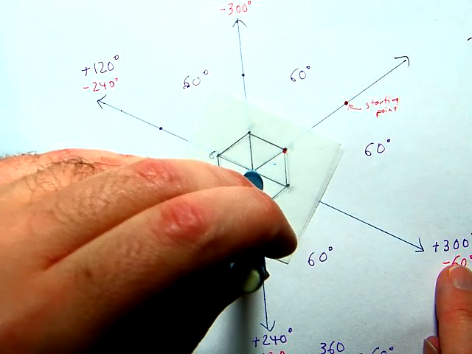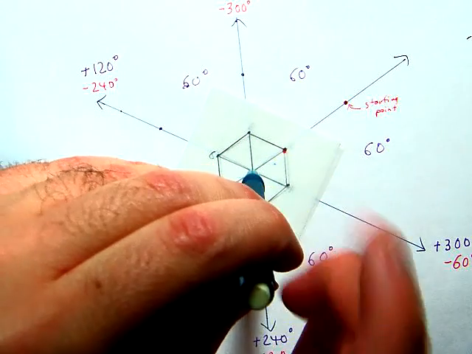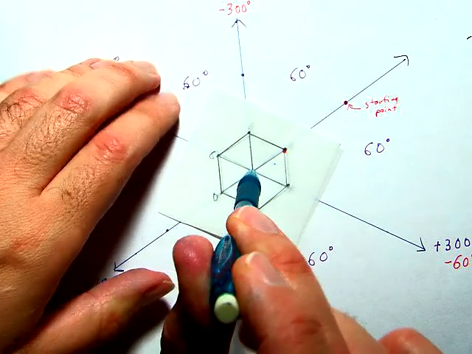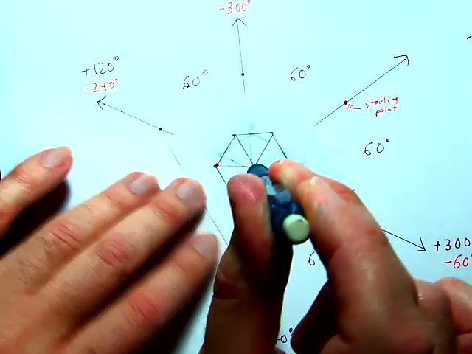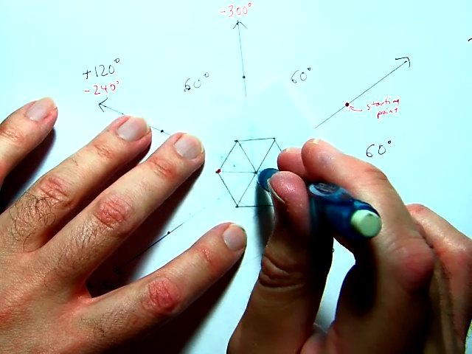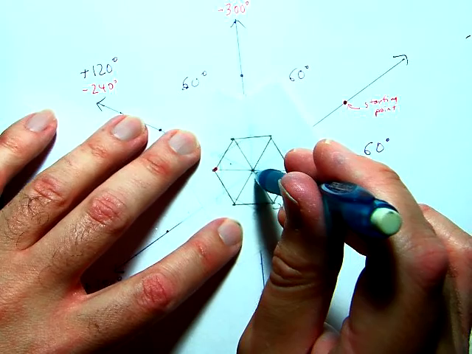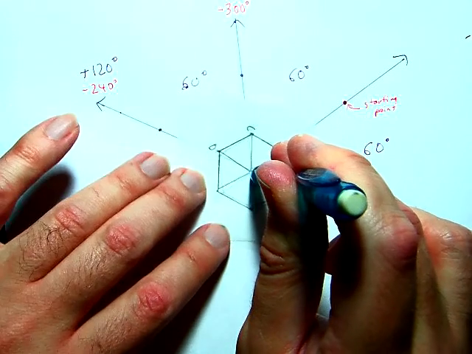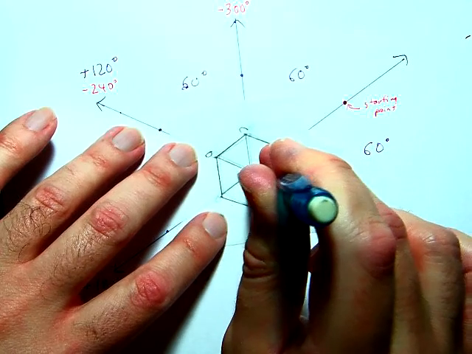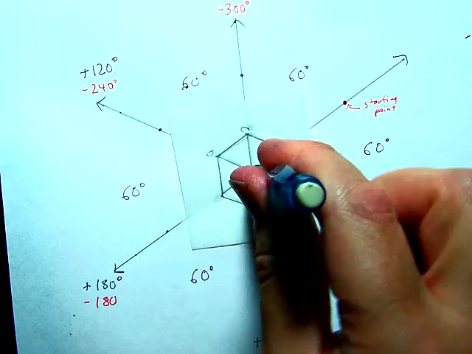Okay, 300 degrees is right there. Actually, there's a bunch of ways we could do it. We could rotate it counterclockwise all the way 300 degrees, which is sort of what I guess they want us to do, but we'll do it a second way in a moment. Let's rotate it all the way there. So the red dot is now on top of the ray that is at 300 degrees.